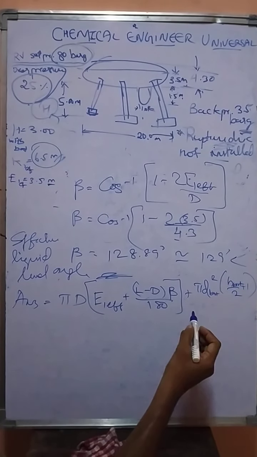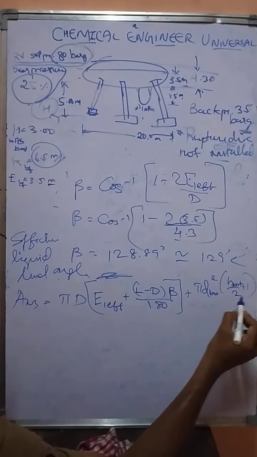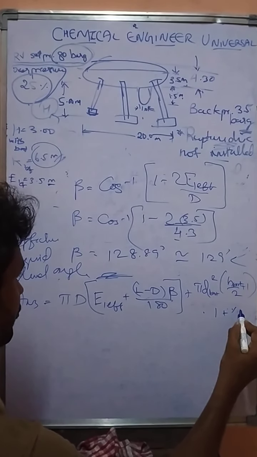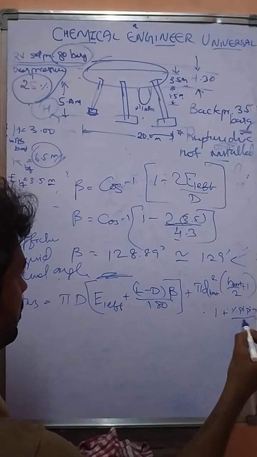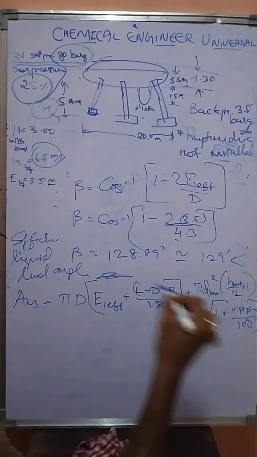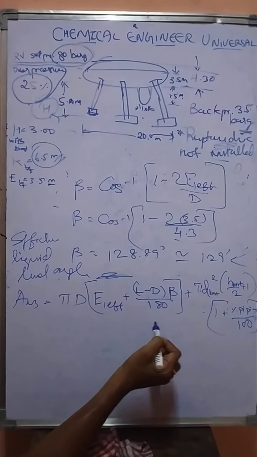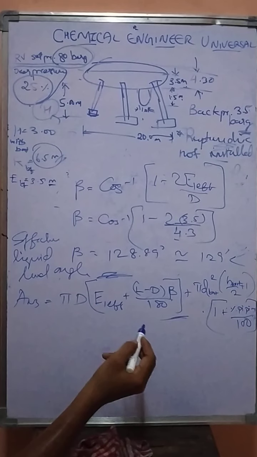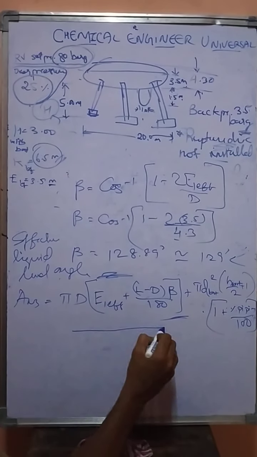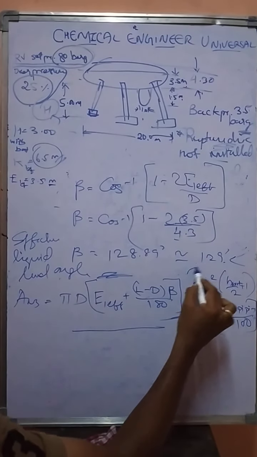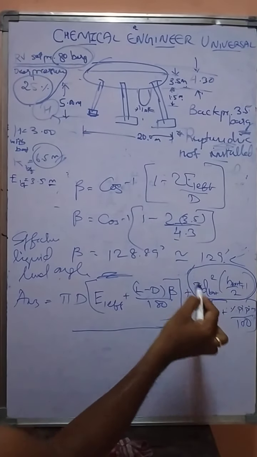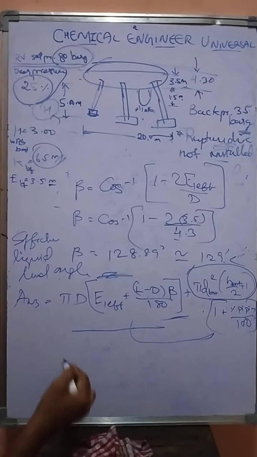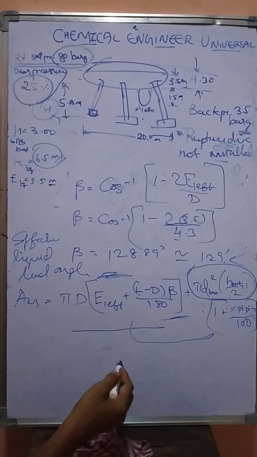This is multiplied with the area of the boot, and this is multiplied with 1 plus percentage of piping divided by 100. So this is the formula to apply if the vessel is having the boot. If it is not having the boot, then you can remove this diameter of the boot and H boot term, and we can directly take the other formula.